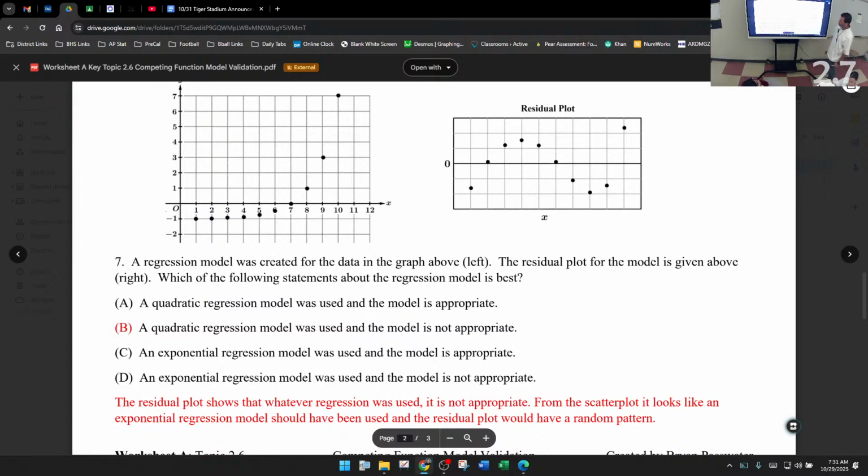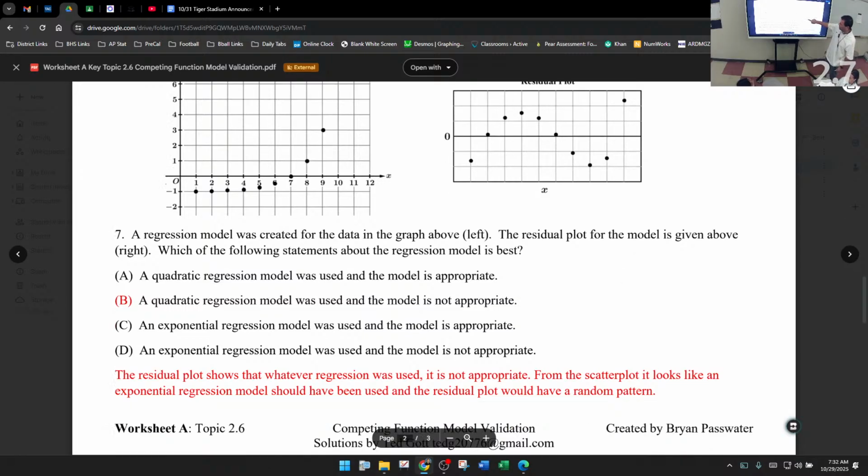A regression model was created for the data in the graph above. So I did some type of regression for that. The residual plot is given to the right. That's bad. So whatever I did over there, I did it wrong. Even if I did exponential, it's wrong. A quadratic regression model was used and the model is appropriate?